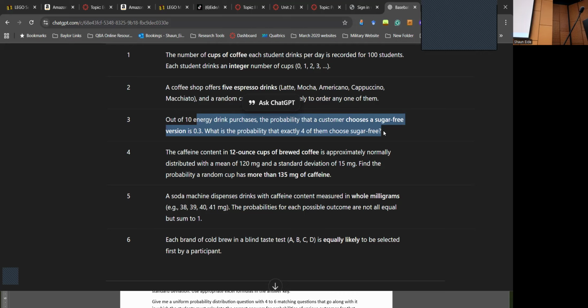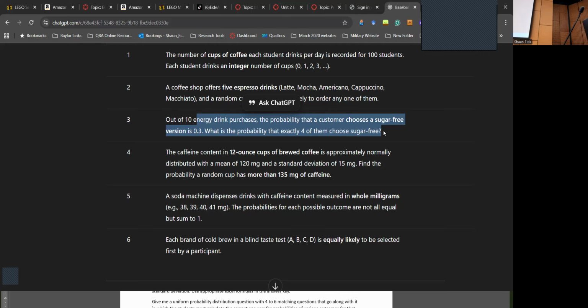Okay, a soda machine dispenses drinks with the caffeine content measured in whole milligrams. The probabilities of each possible outcome are not equal, but sum to 1. So what is this? Discrete. This is very important, okay? Discrete probability distribution can have any values. They're all over the place.